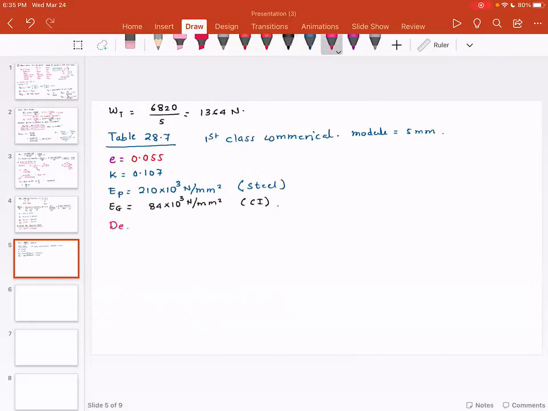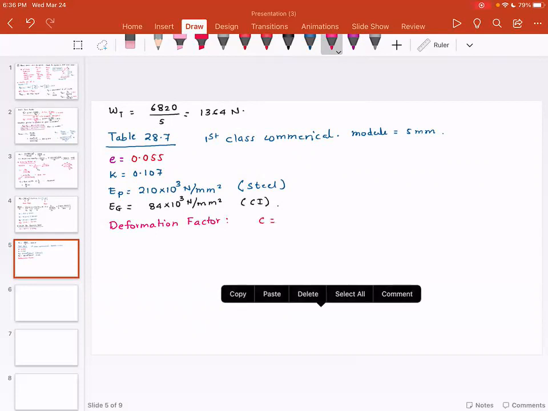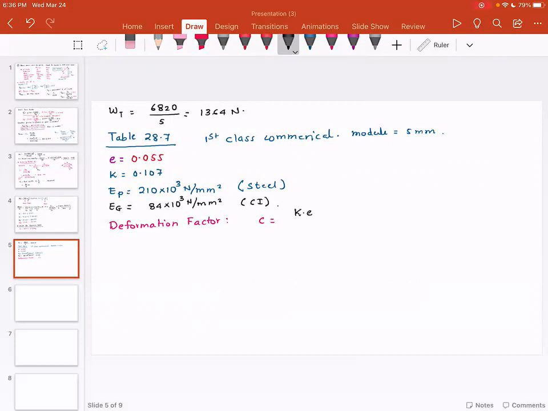So deformation factor is given as C is equal to K E divided by 1 divided by EP plus 1 divided by EG.